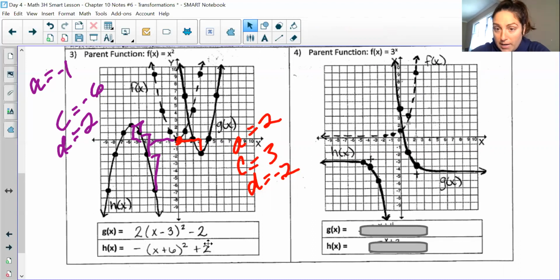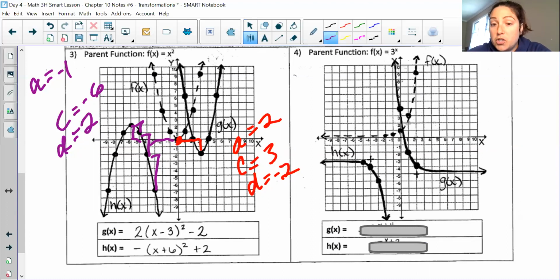All right, for our next example, our parent function is f of x equals 3 to the x. The main thing here, when we have exponential or logarithmic functions, is to see how the axes changed.